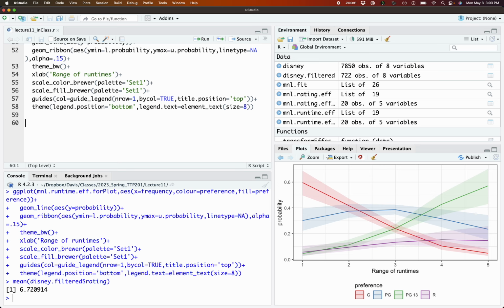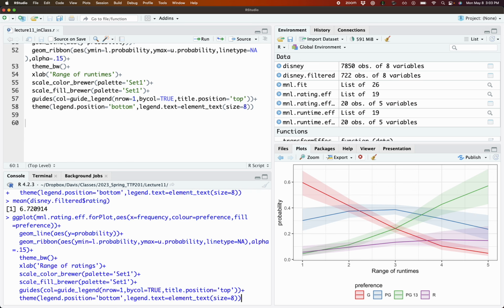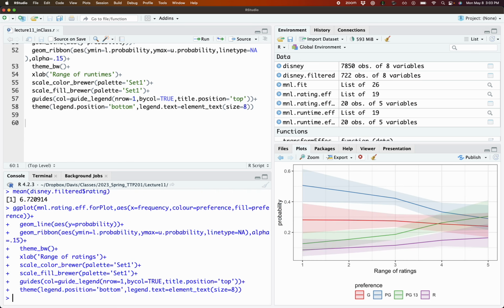So if we were to replot this at a runtime of 40 minutes instead of 88 minutes, then maybe the red line would be higher, right?